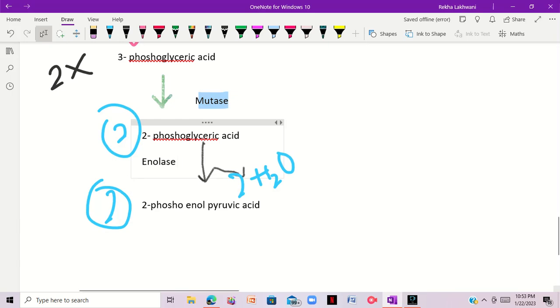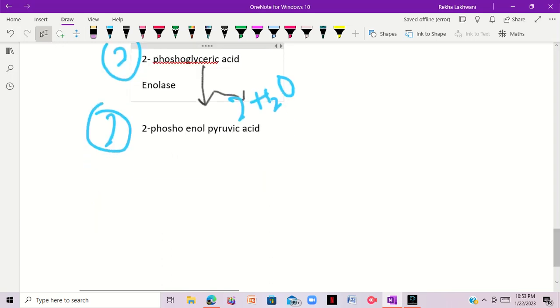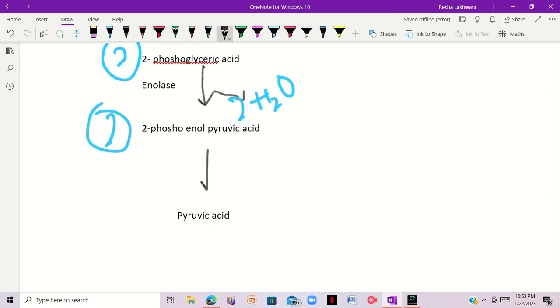Okay, now what happens? This phosphoenol pyruvic acid is converted into pyruvic acid, actually 2 molecules of pyruvic acid, and here ADP is converted into ATP.